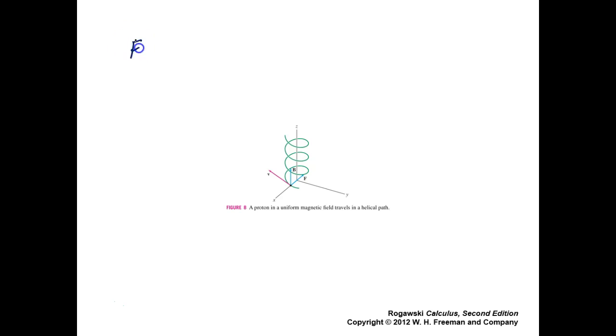And force is a vector quantity, is equal to QV cross B. Q times V cross B, where V is the velocity vector, B is the magnetic field vector.